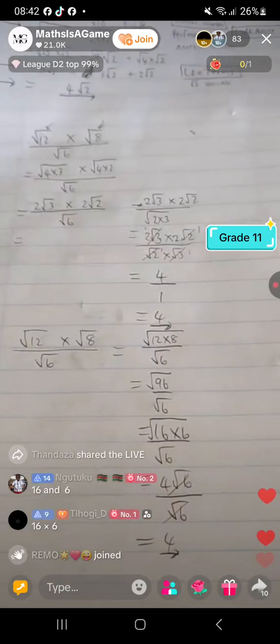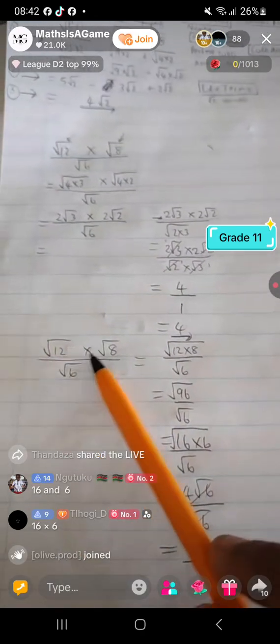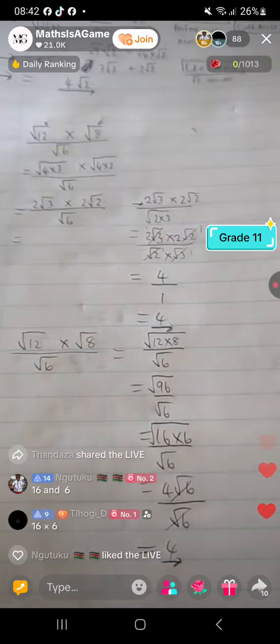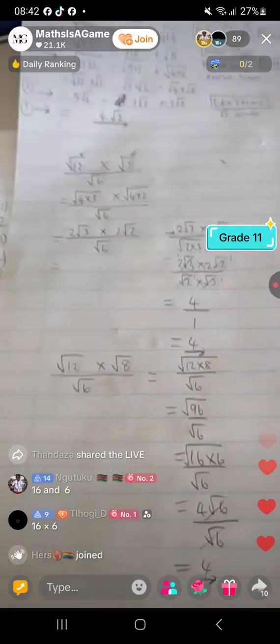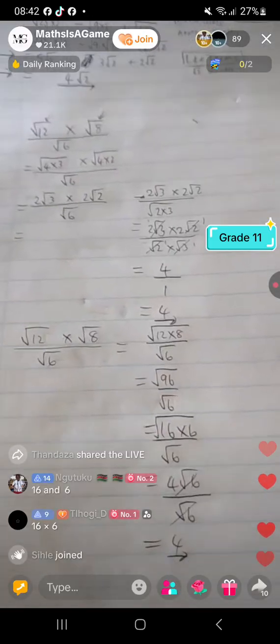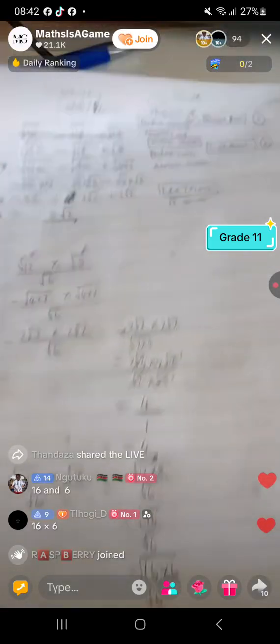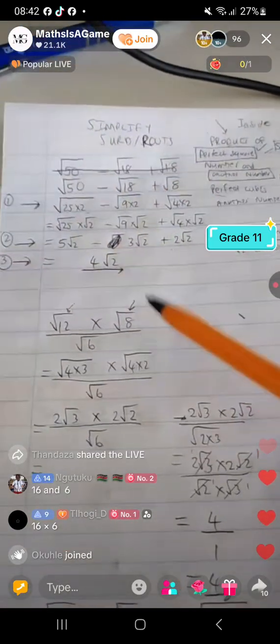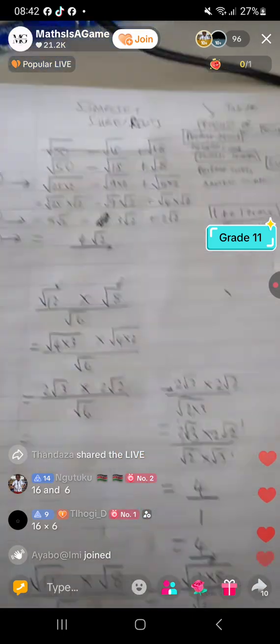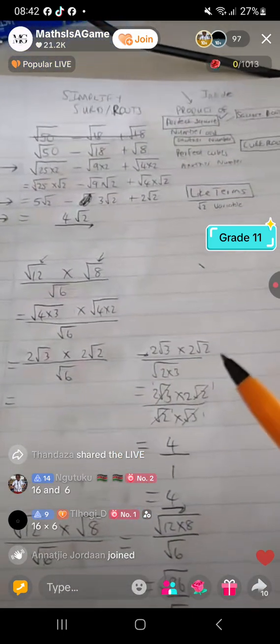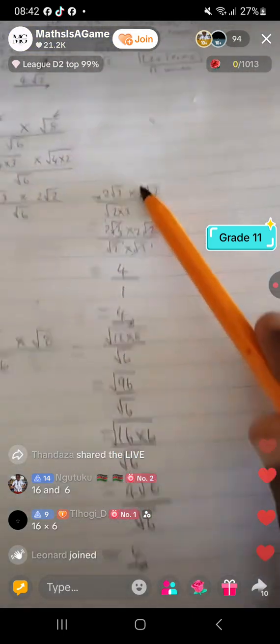All right, but this is the thing. When the relationship is multiply and divide, really and truly, there's many ways to maneuver. But in essence, let's get the basics. The objective here is to simplify this so that at the end of the day we get the simplest answer.